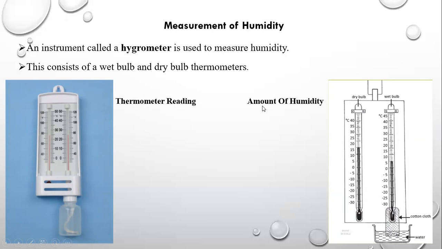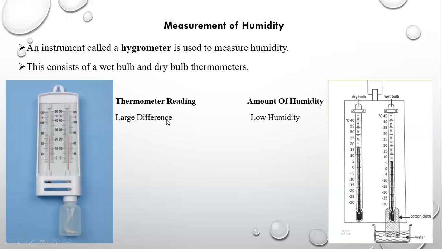Now, these thermometer readings show something about the amount of water vapor in the atmosphere. When there is a large difference between the dry bulb thermometer and the wet bulb thermometer, when the difference in temperature readings is very high, then it means there is low humidity.